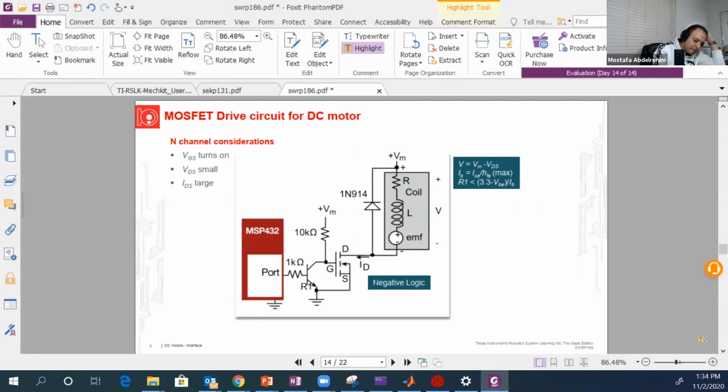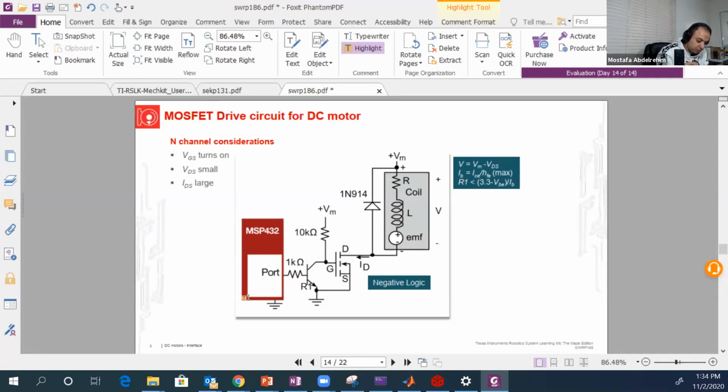So you add another transistor. Now it's not a BJT transistor, it's an NMOS transistor. Let's see how this circuit will operate. If you have high here, then this will work.